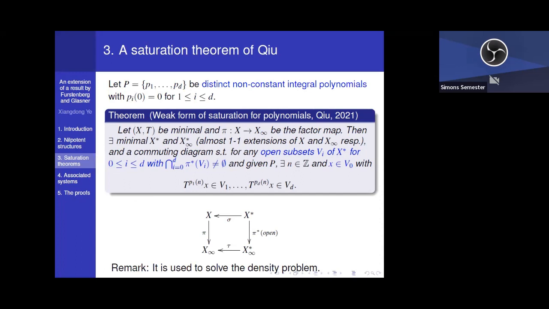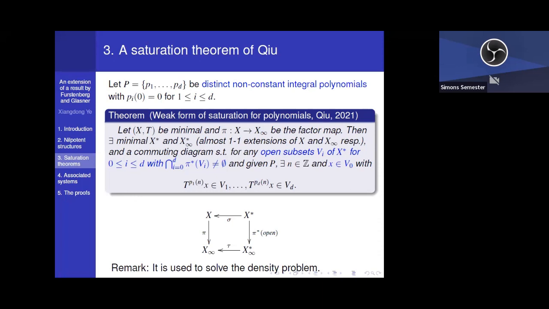But this result is enough to solve the density problem. There's a very nice result by Leibman and Bergelson: if an ergodic system is totally ergodic, then for any rationally independent polynomials, the time average will go to the space average for the product. He solved the problem: if (X,T) is totally minimal, then the orbit of this polynomial will be dense in X^d.